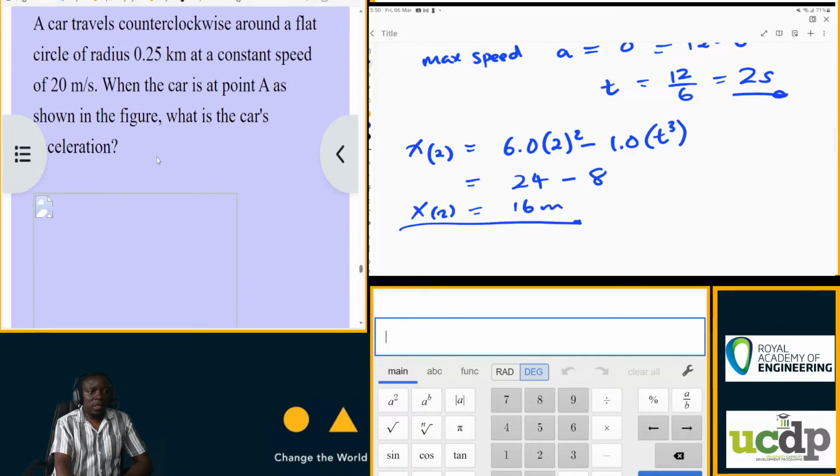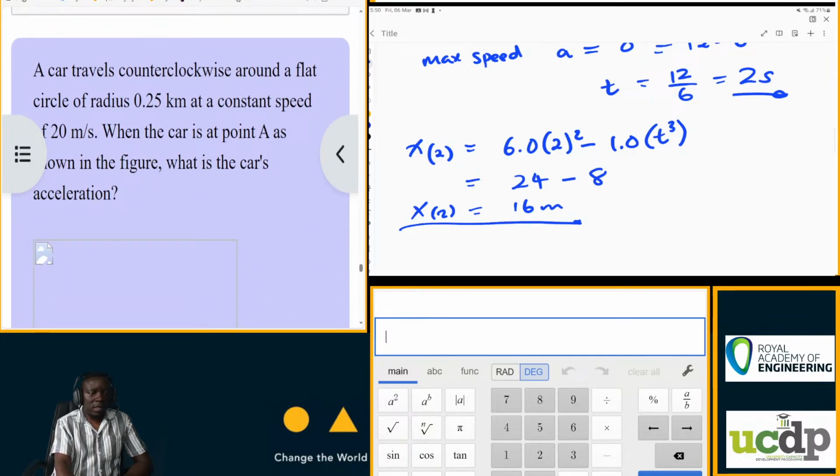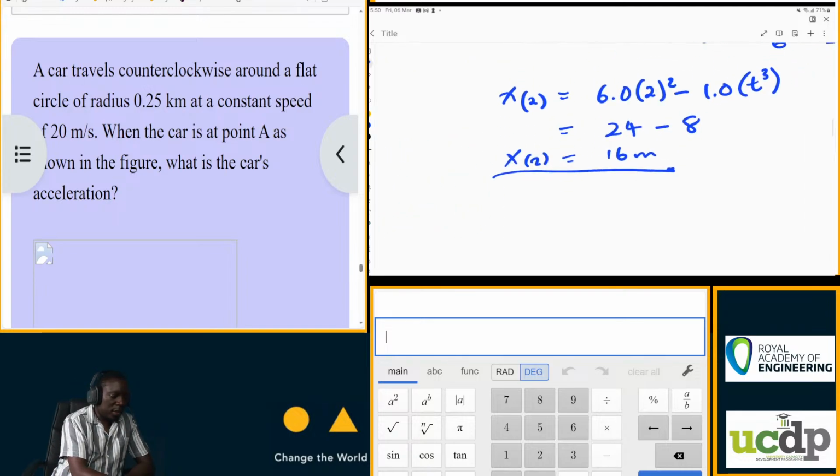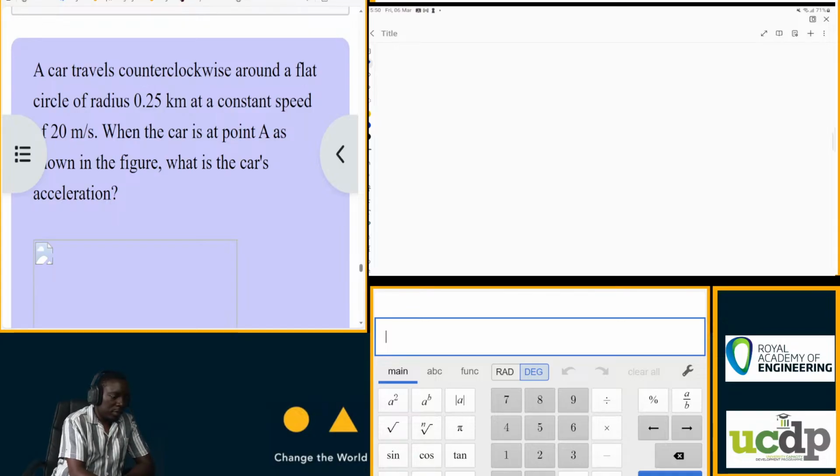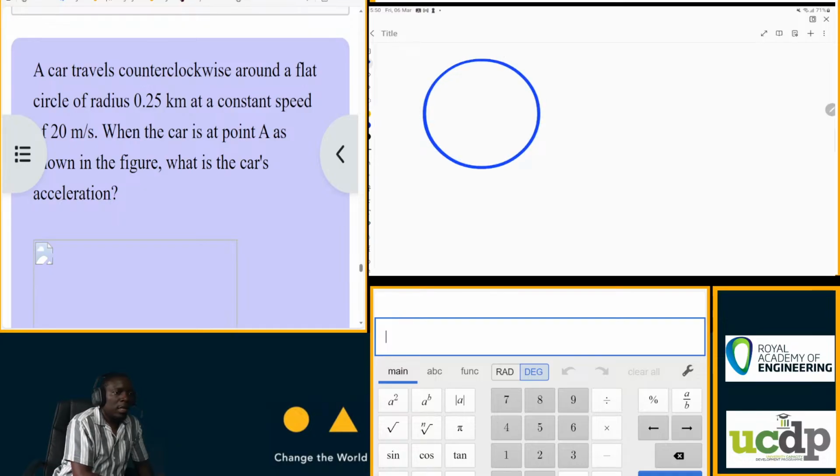Then the next question, if we are fine with that part. A car travels counterclockwise, so that's anti-clockwise, around a flat circle of radius 2.5 kilometers.